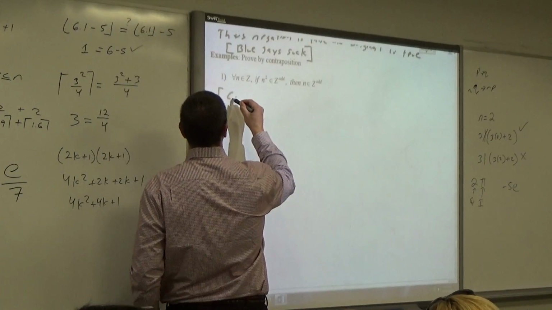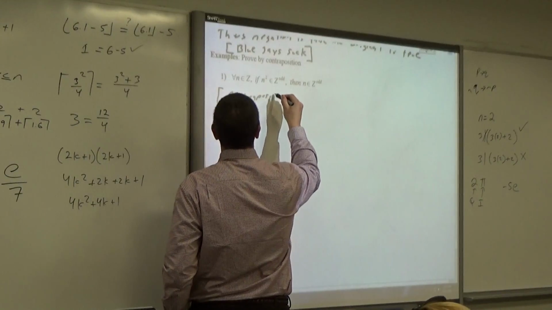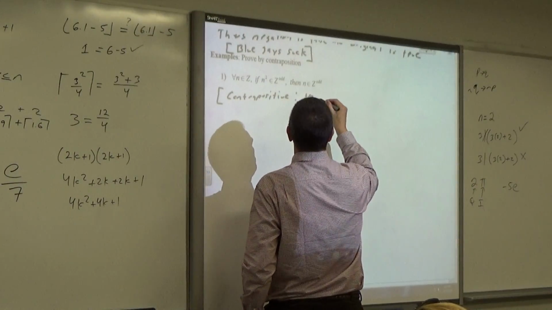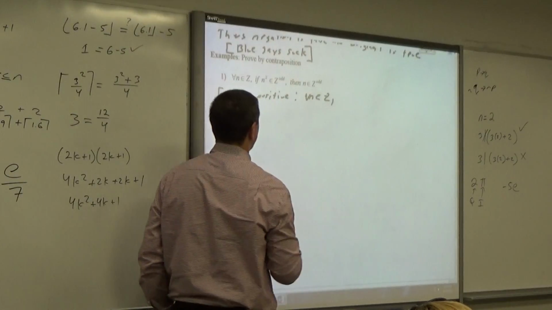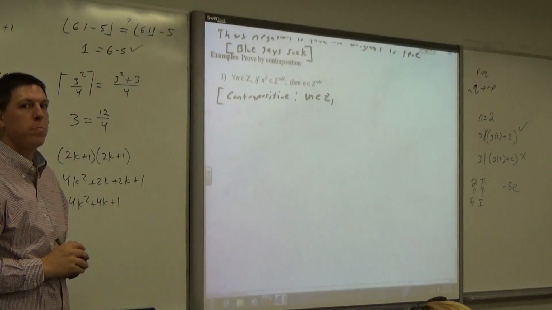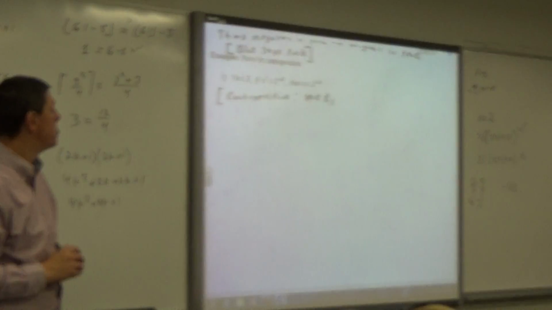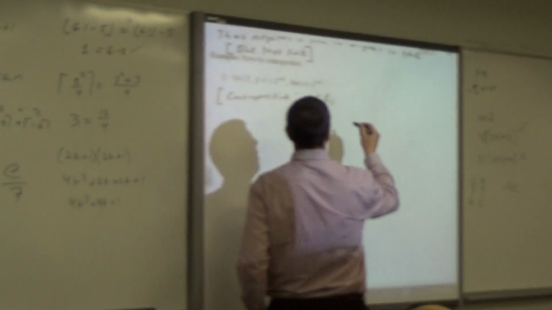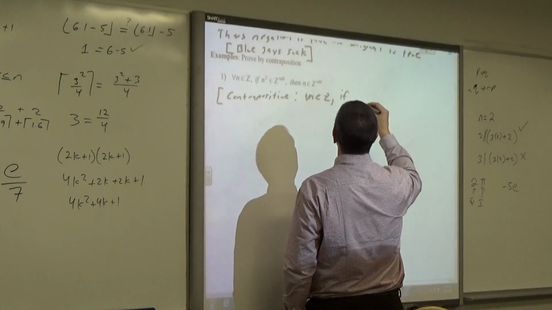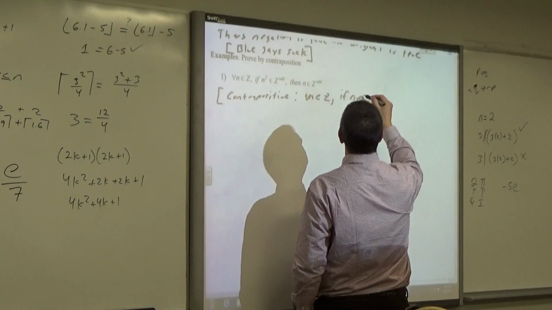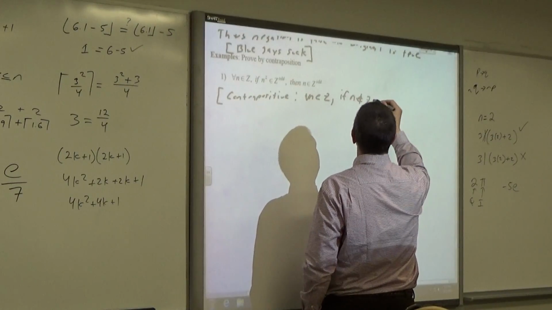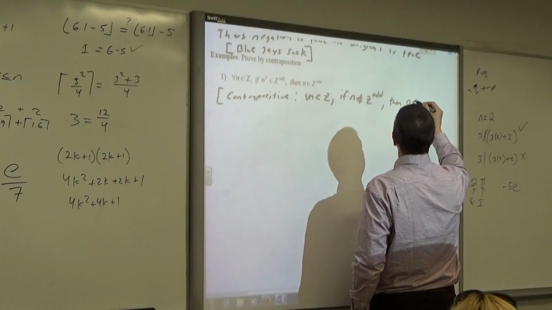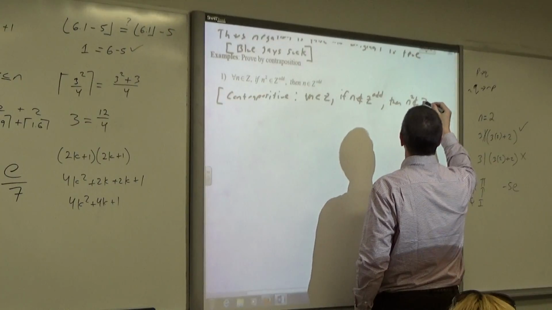So this is the contrapositive: for all n in Z, if n is not a member of Z odd, then n squared is not a member of Z odd.